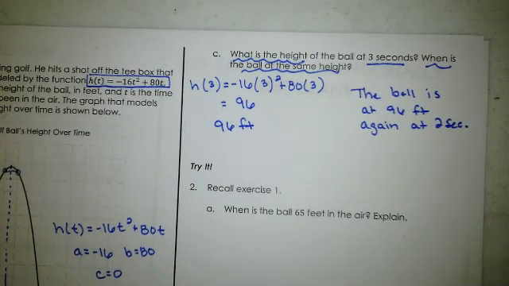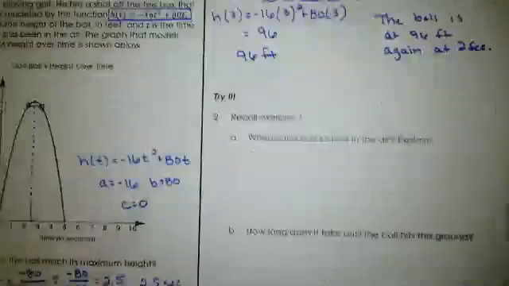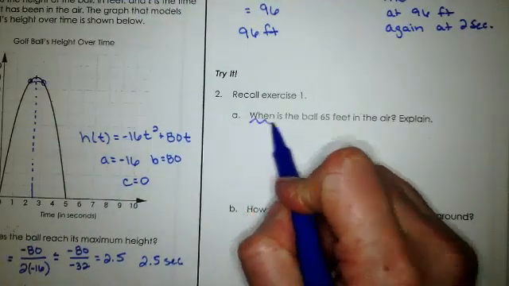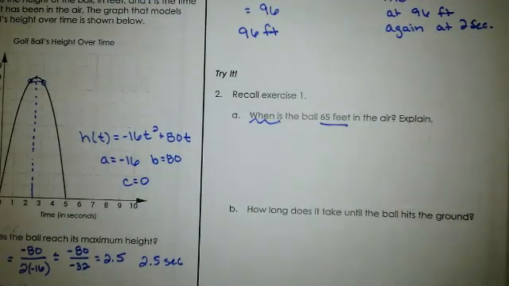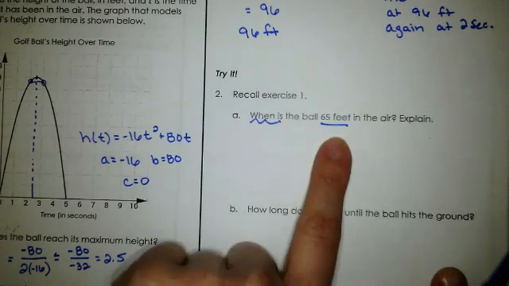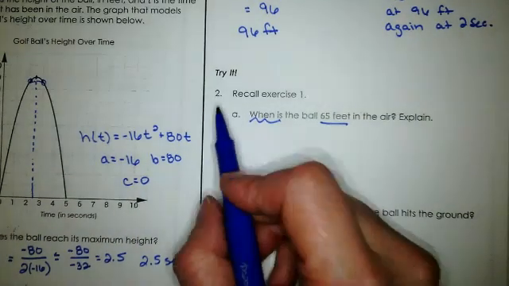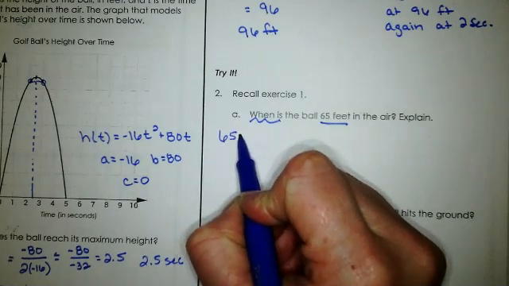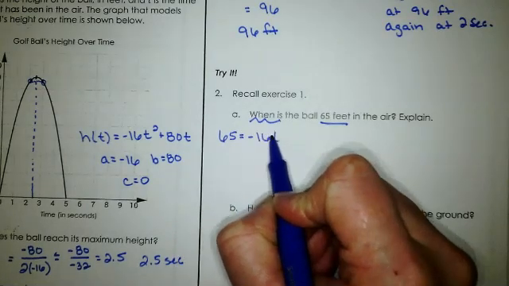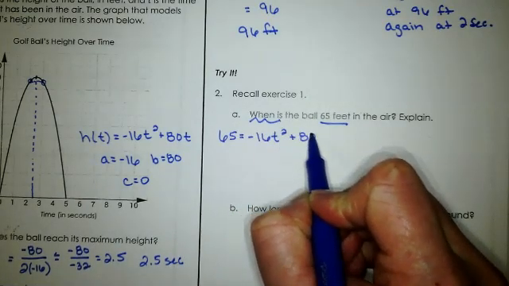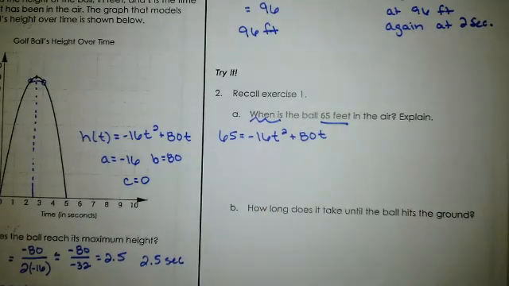When is the ball 65 feet in the air? Explain. This time they're giving us a height. So we're going to have to plug the 65 feet in for height and solve for time. So 65 equals -16t² + 80t. Because this is a quadratic, we're not going to be able to solve by undoing the order of operations.